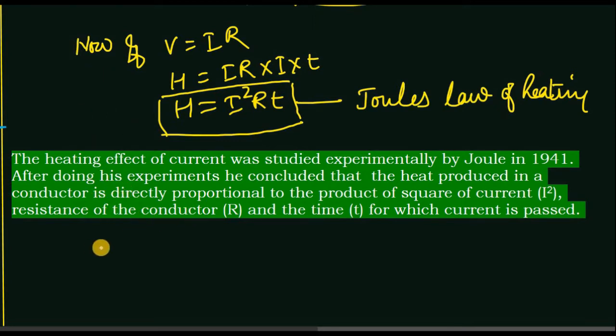So we have to explain this in examination also. First, we'll write the definition. According to Joule's law of heating, the heat produced in a conductor is directly proportional to the product of square of current and resistance of the conductor and the time t for which the current is passed. In simple words, heat produced in a wire is directly proportional to the square of current, to the resistance of the wire, and to the time for which current is passed.